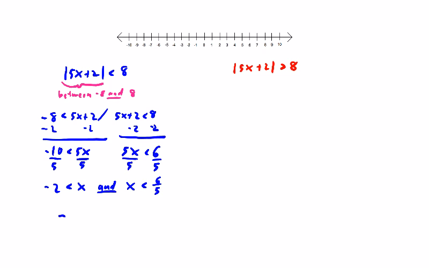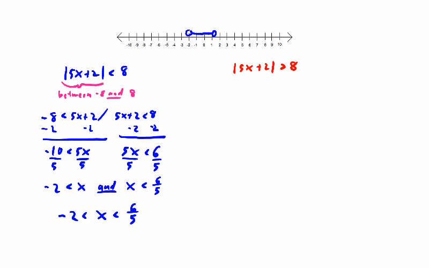So we can rewrite this as negative 2 must be less than x, which must be less than 6/5. So up on the number line, if I were to graph out the solution, we're not going to include negative 2, and we're not going to include 6/5, which is 1 1/5. It's going to be hard to draw in, but I'll put it about there. But we're including everything between those values.